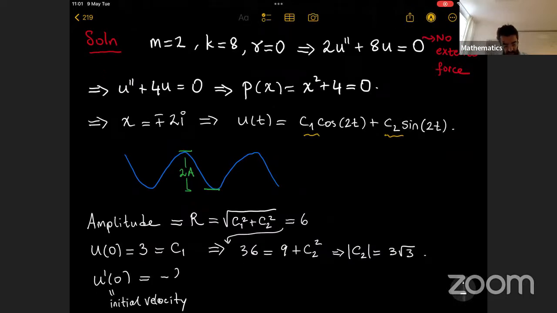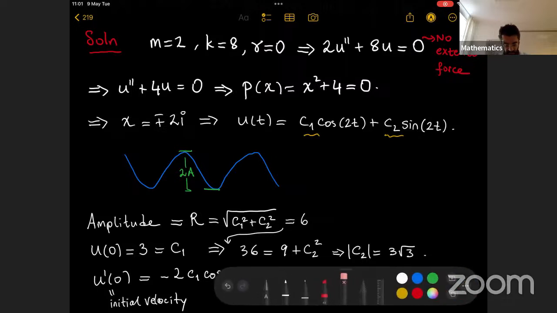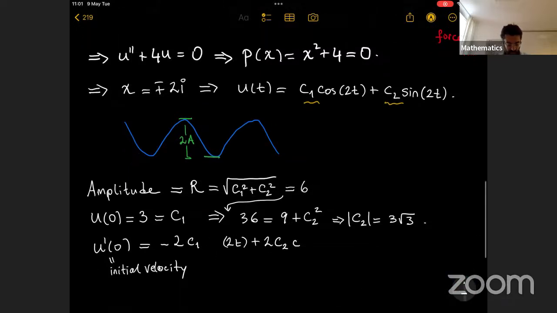Minus 2 C1 sine 2t plus 2 C2 cosine 2t, and you will compute this at t equal to 0, which gives you basically 2 times C2.